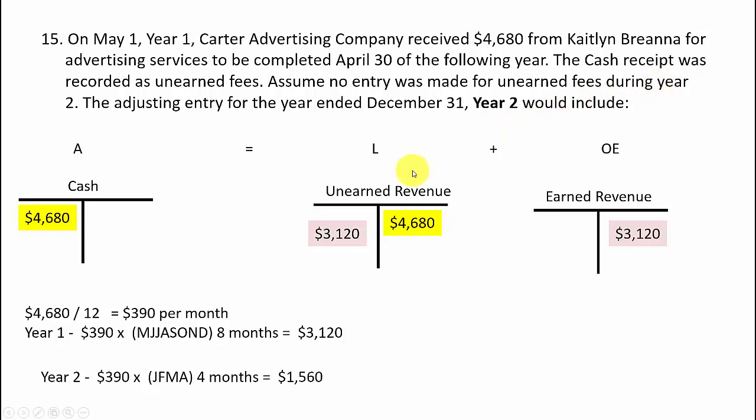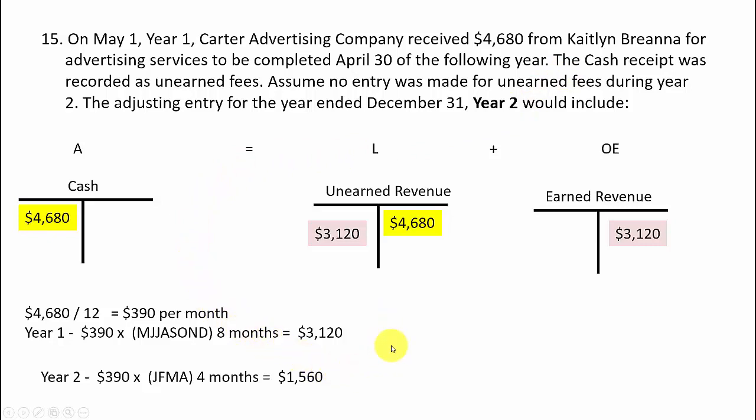So we have to wait all the way till the end of year 2 to make this adjusting entry, which we will make at 12/31 year 2. We could have made it at the end of April of year 2, but no, it says not to do that.